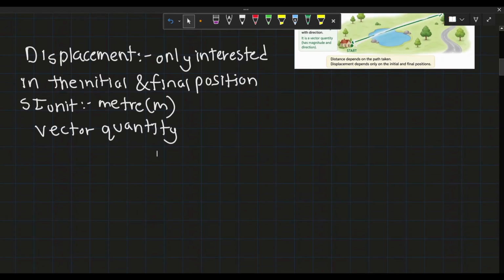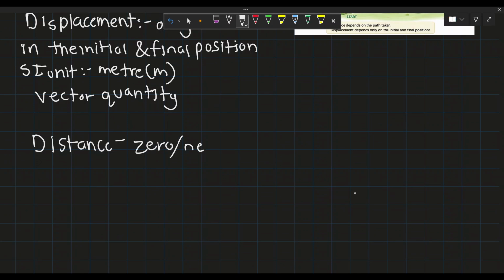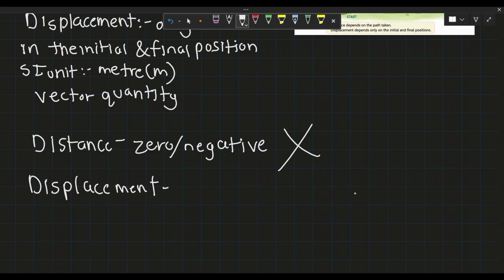Some things to keep in mind are that distance can never be 0 or negative, whereas displacement can be positive, negative, or even 0.